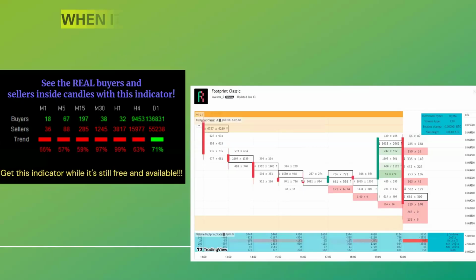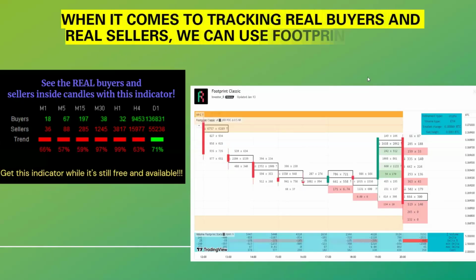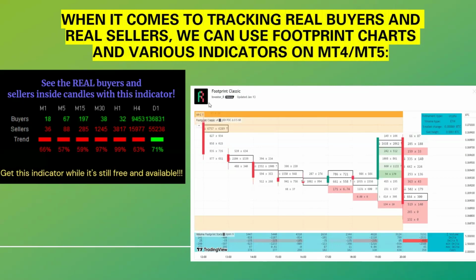Okay. These are some examples of what footprint charts look like. So footprint charts, I think they give you a little bit too much information than what you really need, because they basically tell you all of the buyers and sellers in each candle, when really all you need is just a summary of the buyers and sellers, similar to what's in the buyers versus sellers indicator for MetaTrader 4.